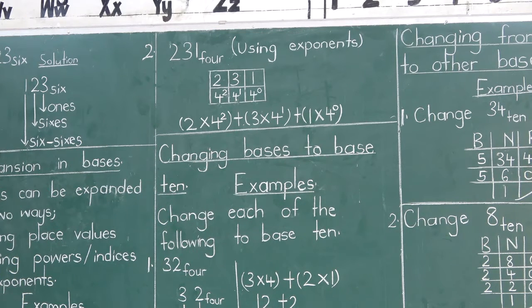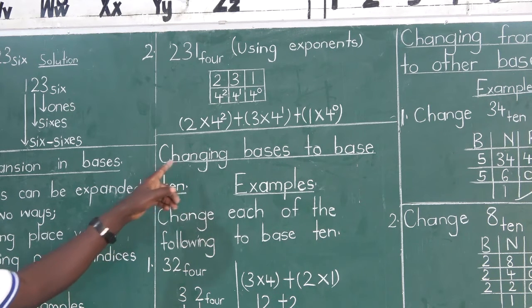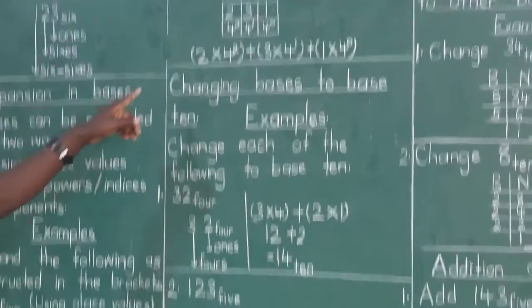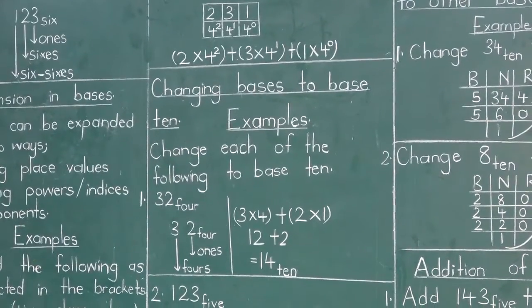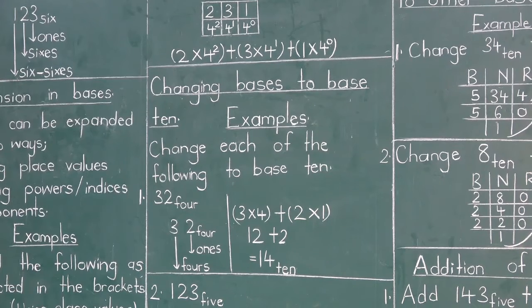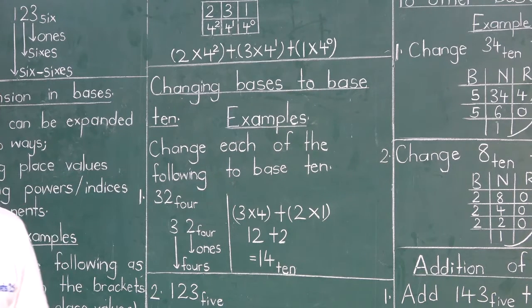Now that same idea of expansion is going to help us to change those bases to base 10. That's why the next subtopic says changing bases to base 10. How does one then change other bases to base 10?